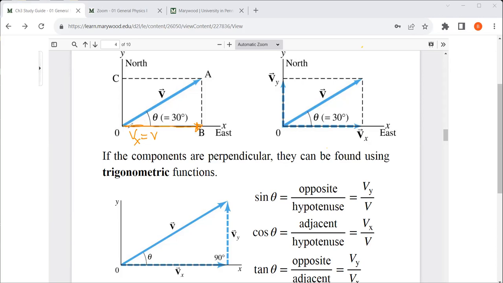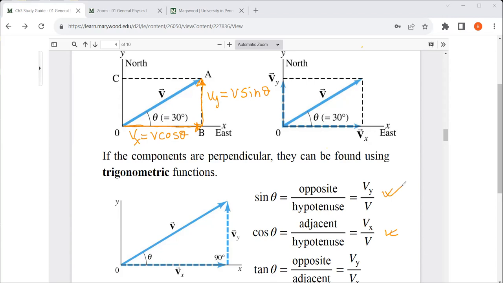The adjacent part. vx adjacent is related to cosine theta, so vx equal to v cosine theta. And this is vy. vy is opposite to theta, so vy is v sine theta. Also you can see that from this equation.